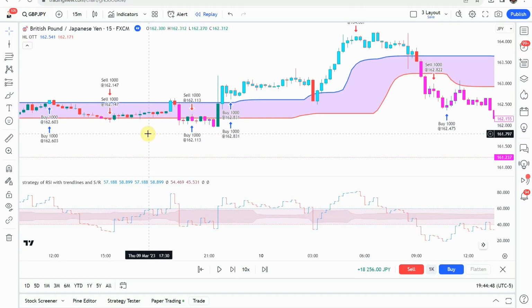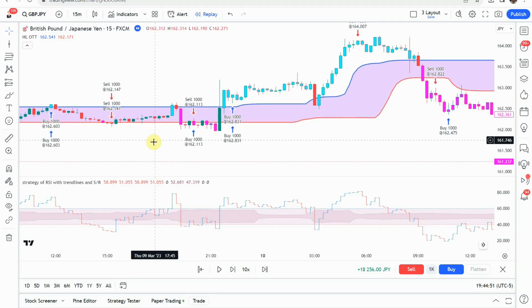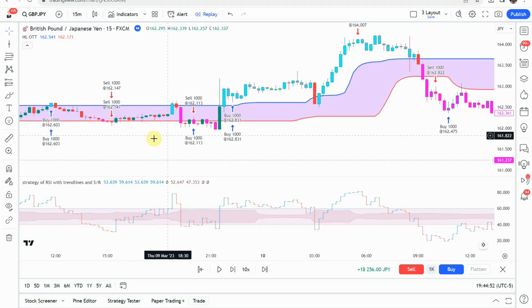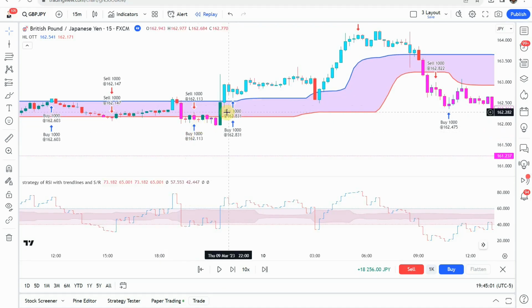The strategy itself is a pretty easy strategy. What you're looking for is the break of the high-low cloud, is what I'll call it, right here. The break of the high-low cloud is noted by this light blue candle right here. And once you get the break of the high-low cloud, you are looking for the RSI with trend lines down here to be in the overbought territory.